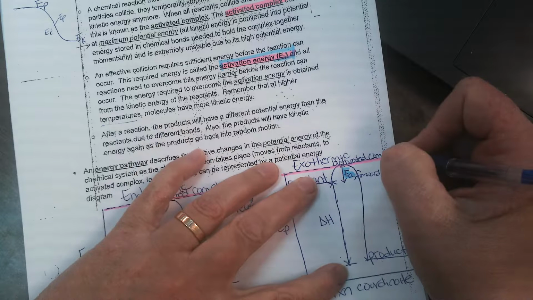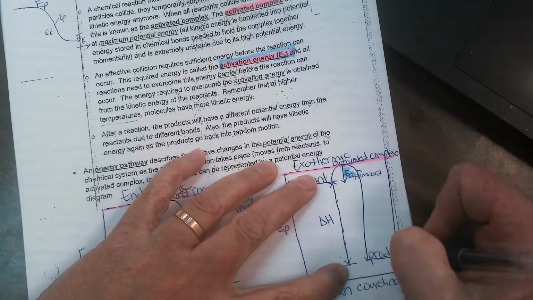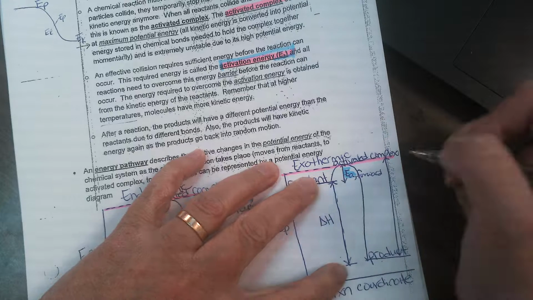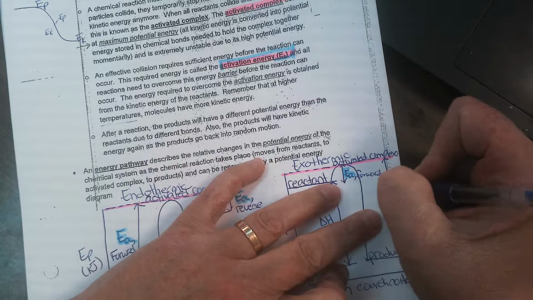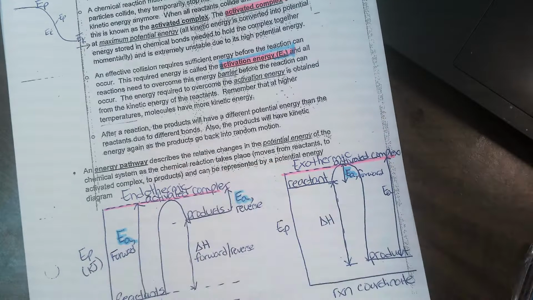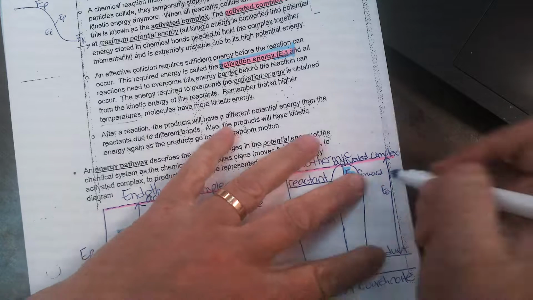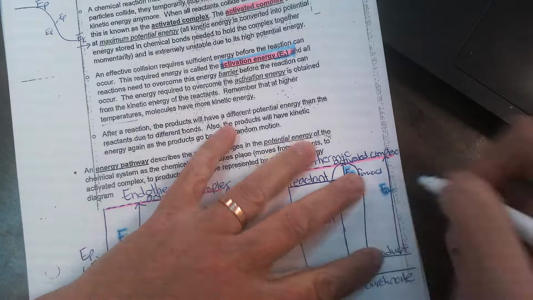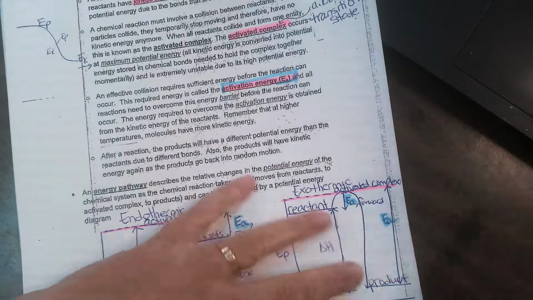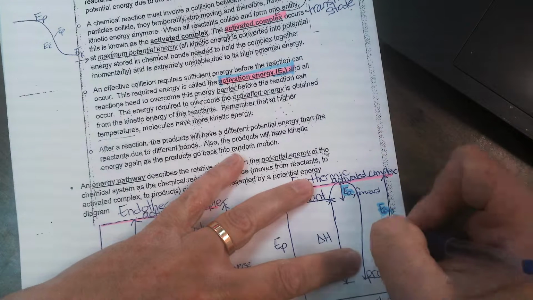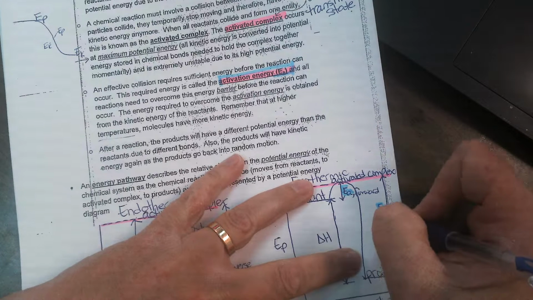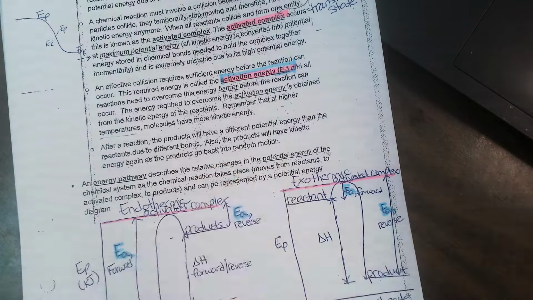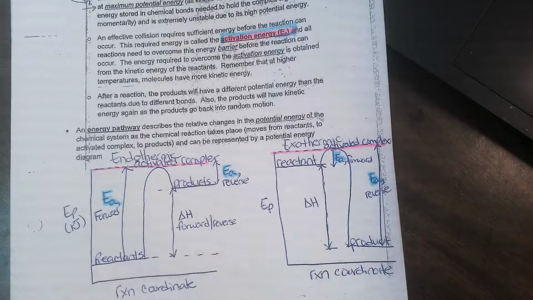And from your activated complex, from your maximum potential energy to your products, this is the amount of energy required to go backwards to your reactants. So this would be of the reverse. Okay? Lots of information on these diagrams.